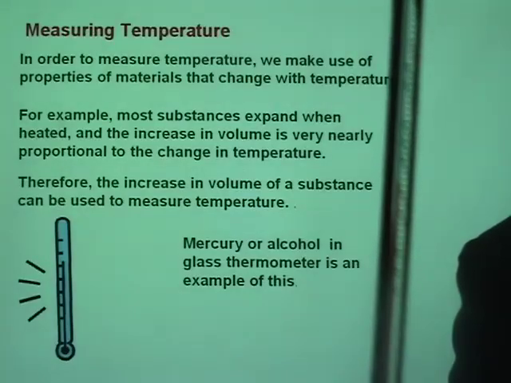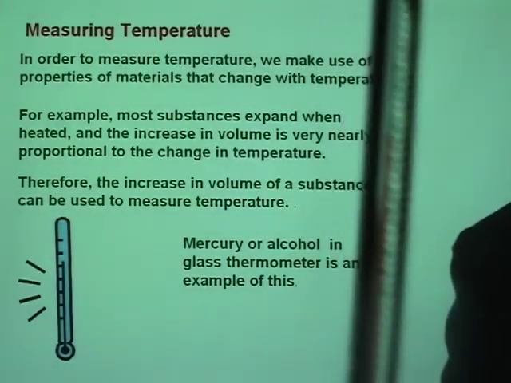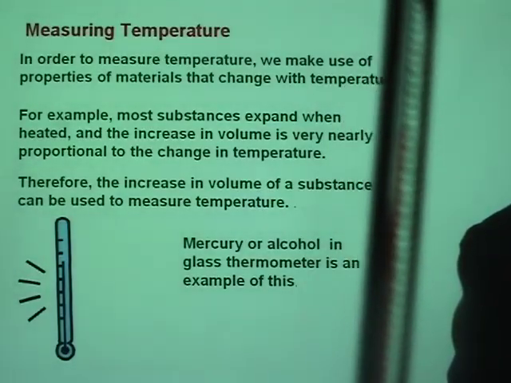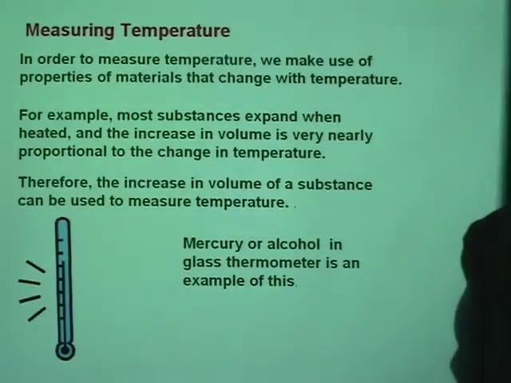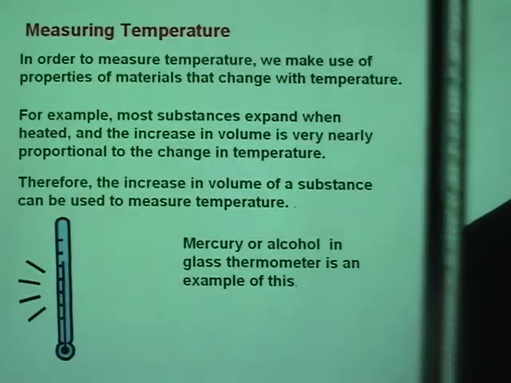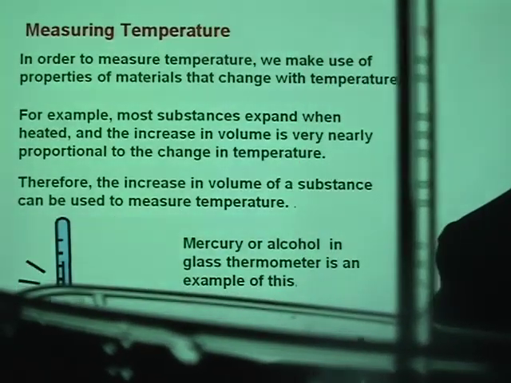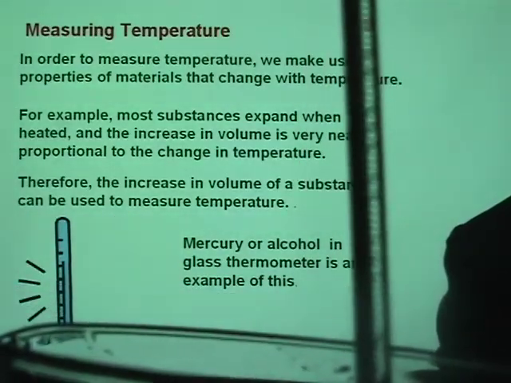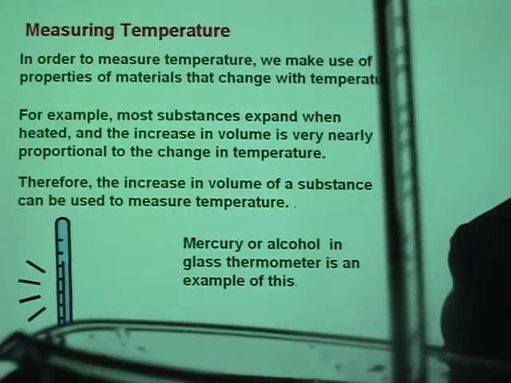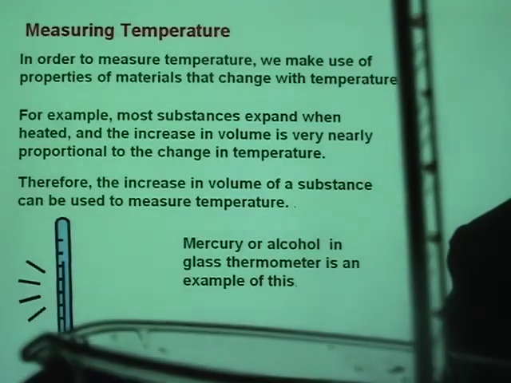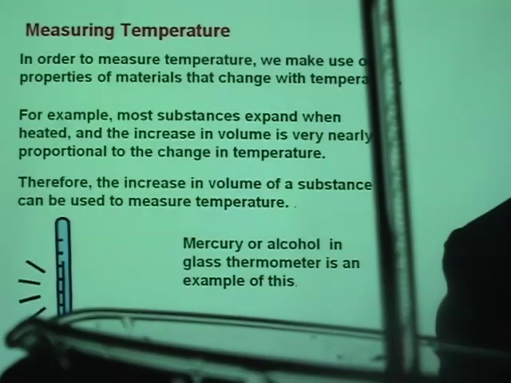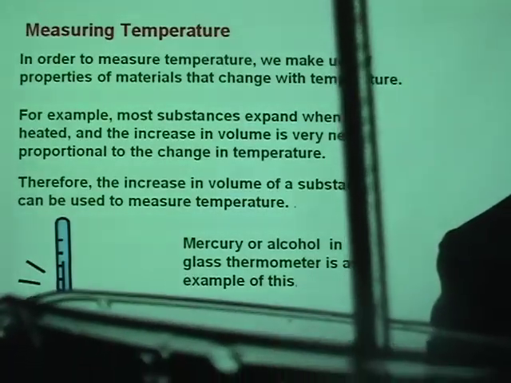Now, let's see if you can actually watch that level. Can you see the level? Now, watch the level now if you can. Oh, well. Well, we didn't see much of the increase, did you?